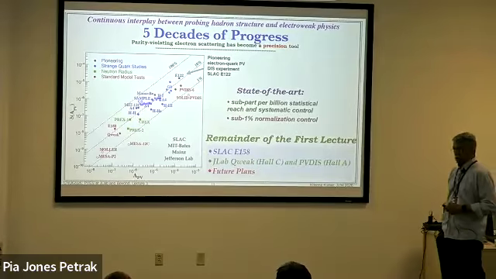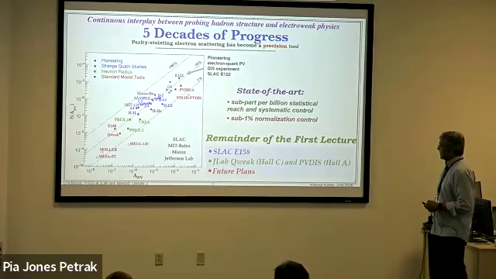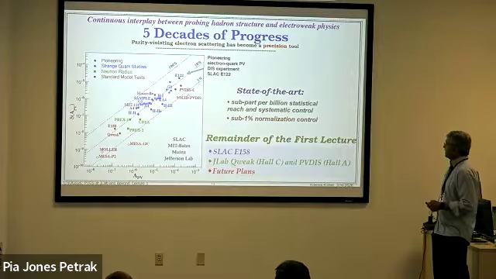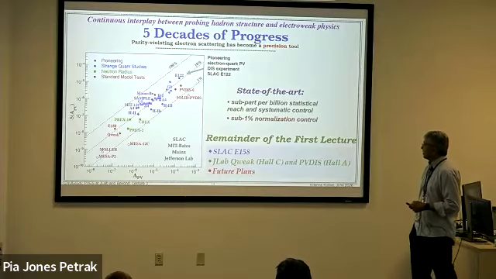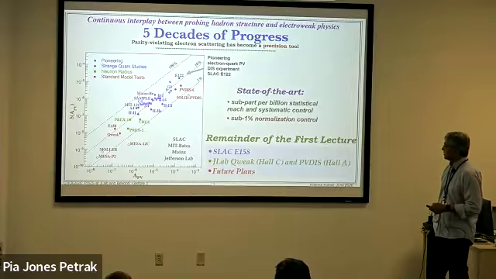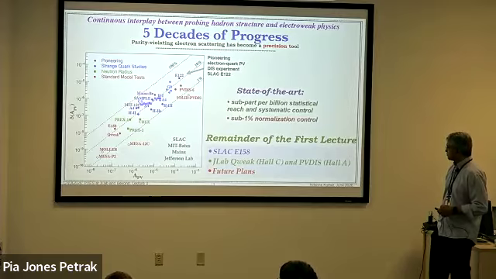The state of the art now, which we need for MOLLER, which I will discuss later in the next half hour, is sub-part per billion statistical reach and systematic control. And normalization is also a big challenge. You're going this way, 100% measurement, 10% measurement, 1% measurement. And you notice that we are approaching the 1%. There is even an ambitious goal to try and measure to better than 1% in the future.